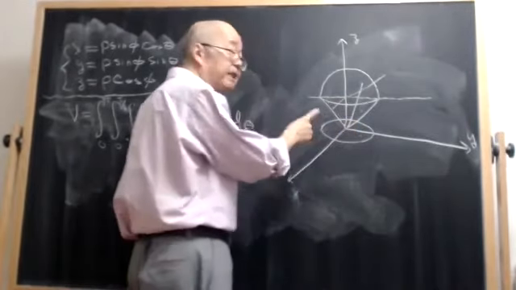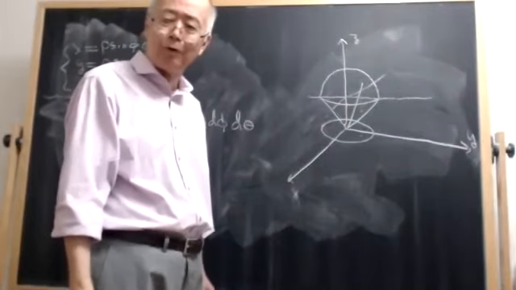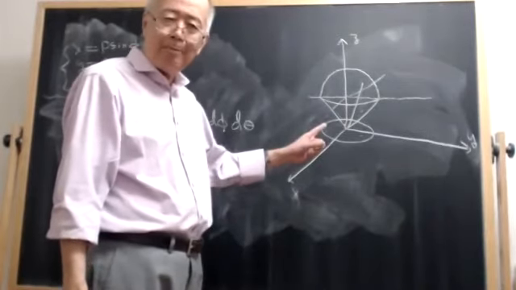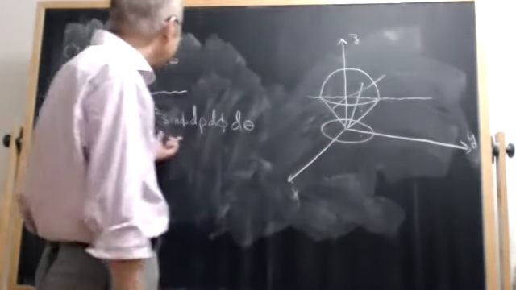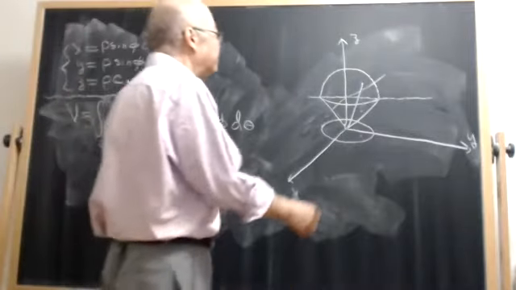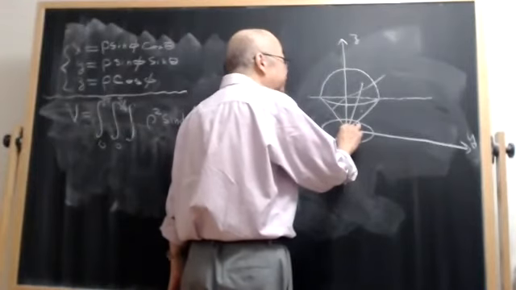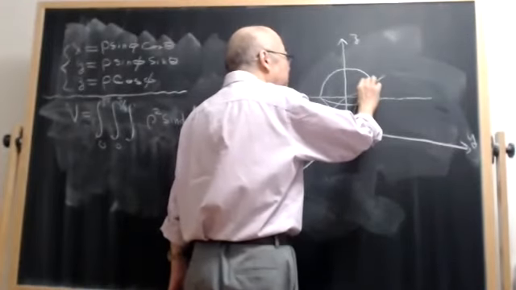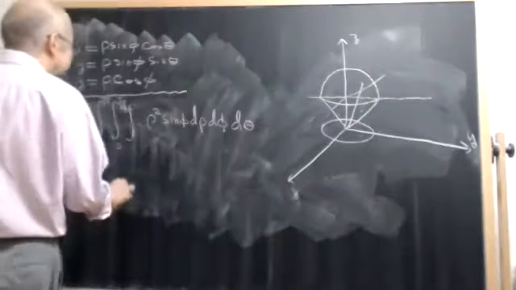But actually, this problem can also be solved using cylindrical coordinates by exactly what I did before, except that you don't use theory. So this is the rho. Rho is from 0 to this point, right?